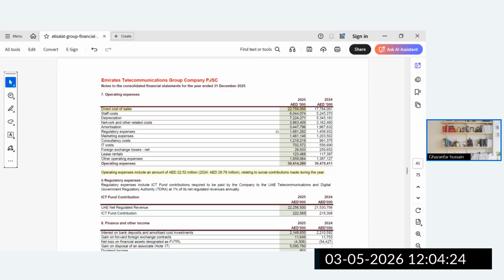Okay, I believe maybe most of the participants are facing some challenges with the app.